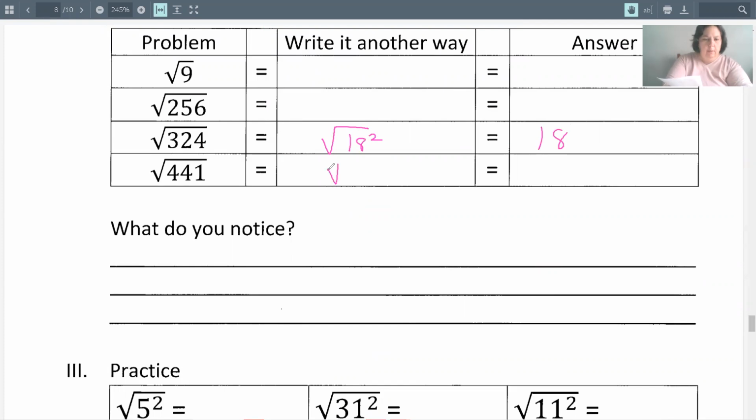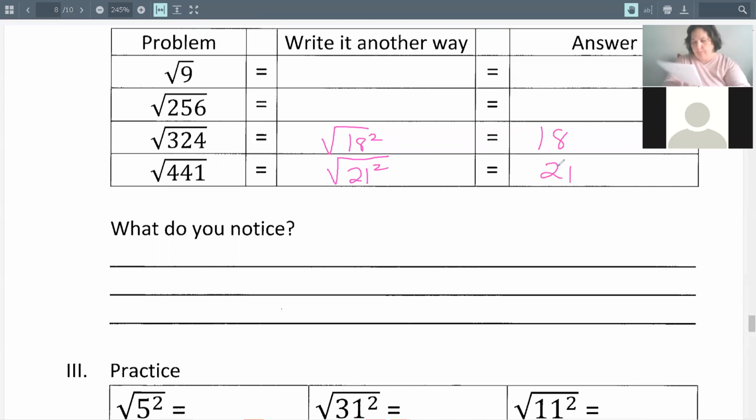Does anybody remember the square root of 441? Another way to write 441 is 21 squared. So this is the key for all these little mini examples here.